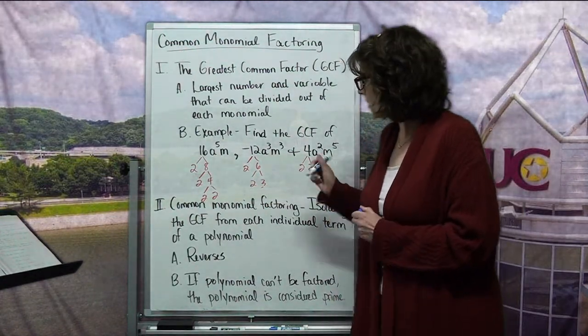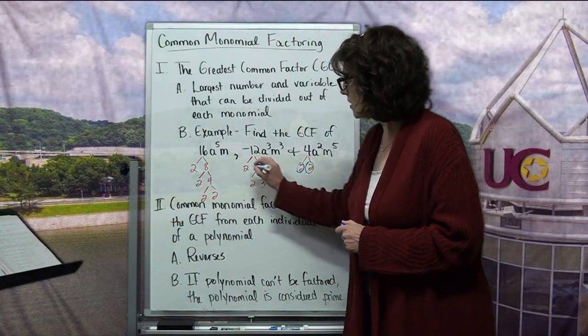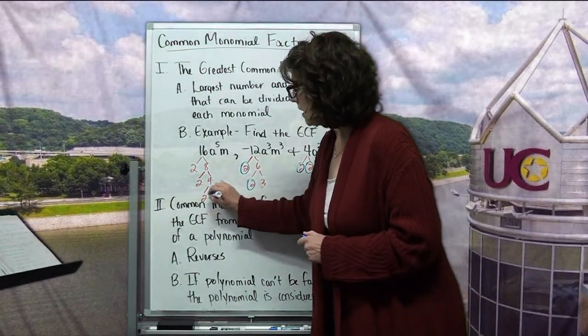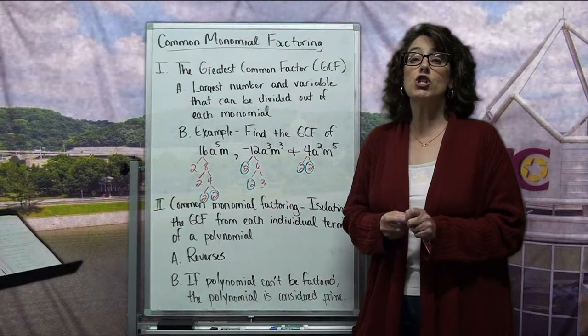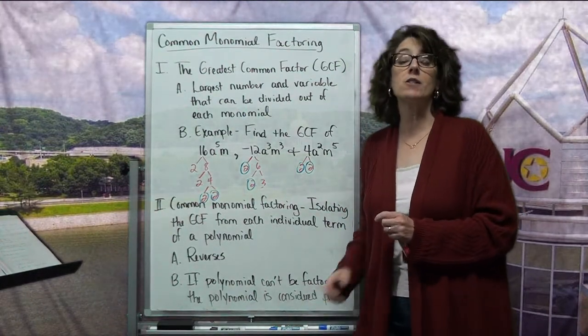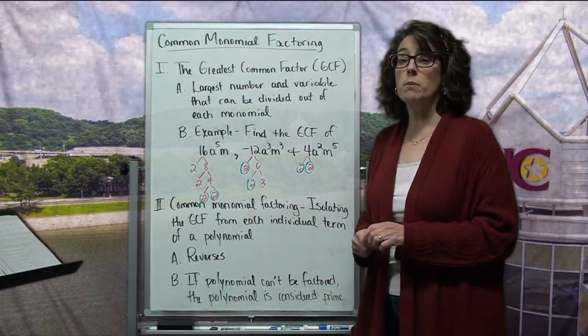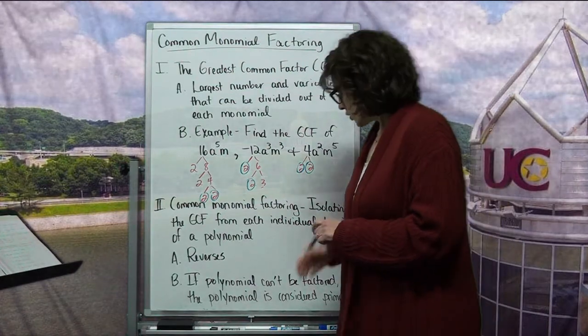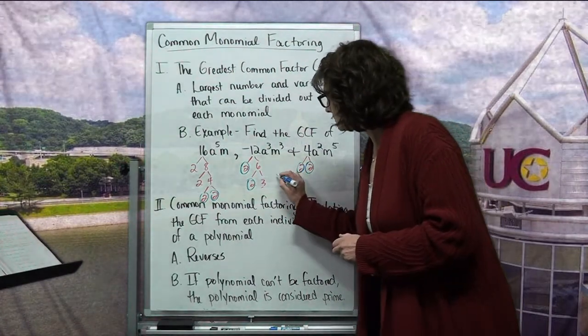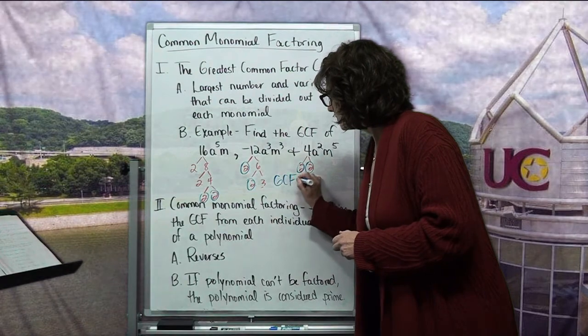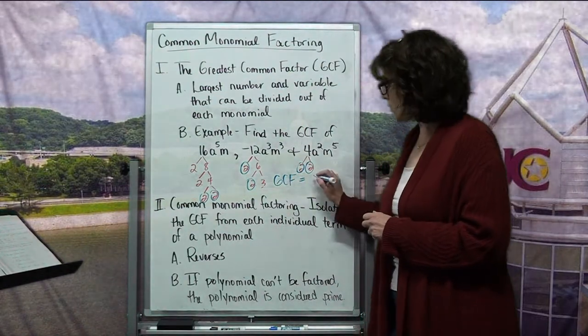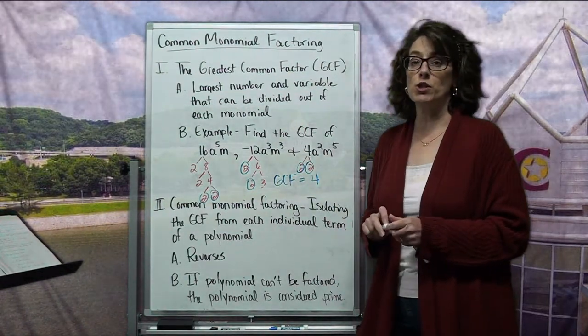Well, all three of them have a pair of 2's. So the GCF for the coefficients of each of these monomials is going to be 2 times 2, which is 4.